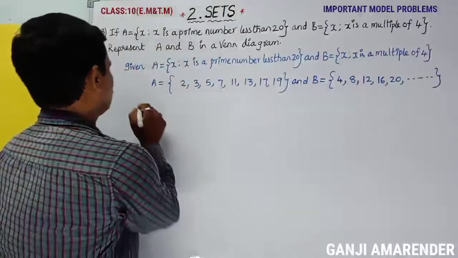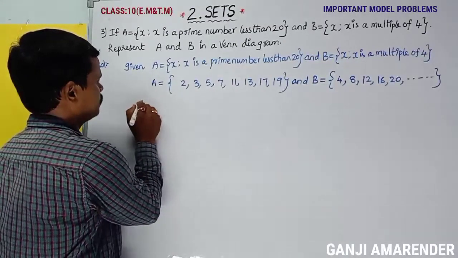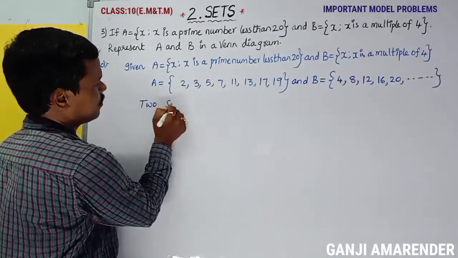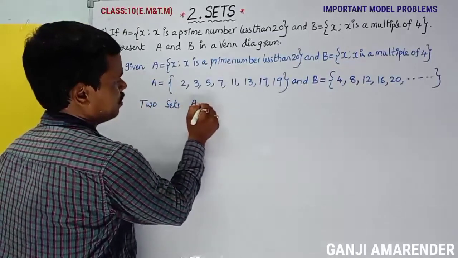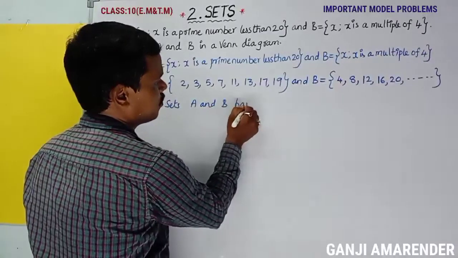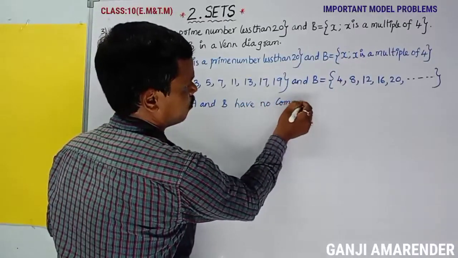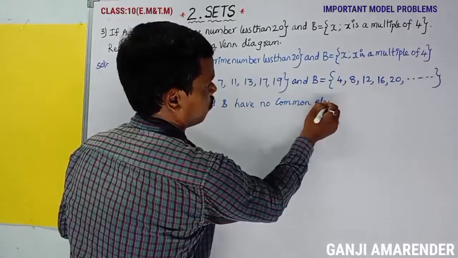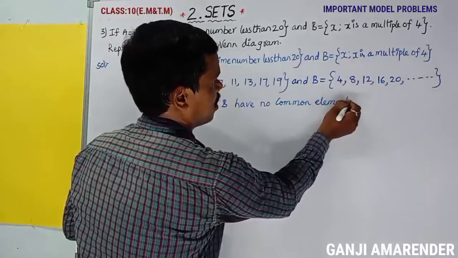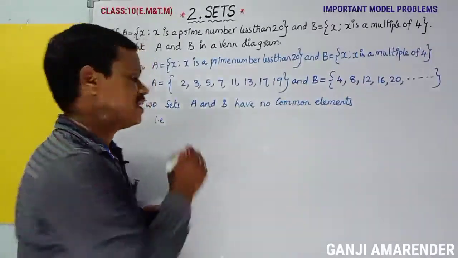So the two sets A and B have no common elements. That is, A and B are disjoint sets.